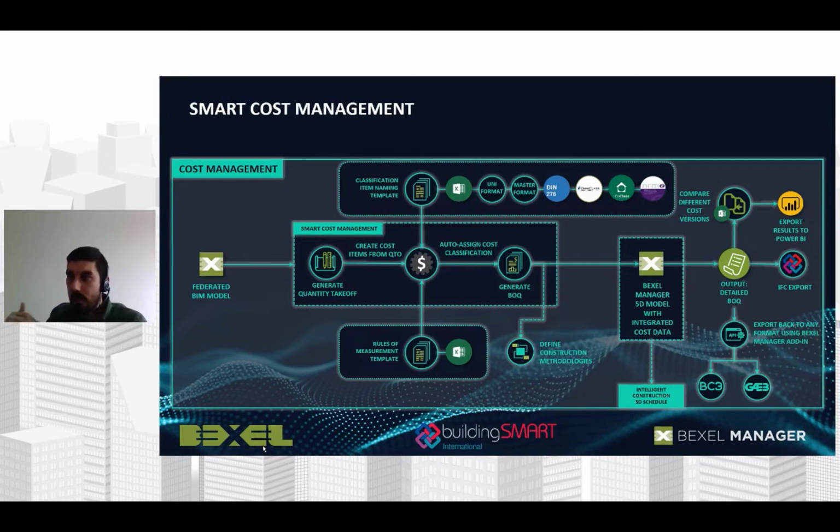During this creation process, and you're going to see in the video how this works, you also have the ability to define the coding system for this classification. You can use knowledge templates for the classification item naming system.